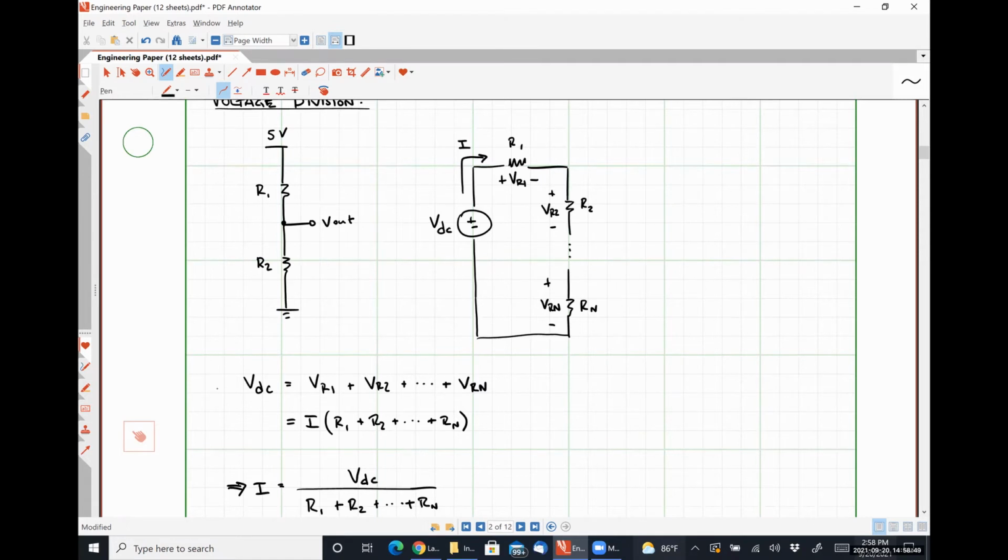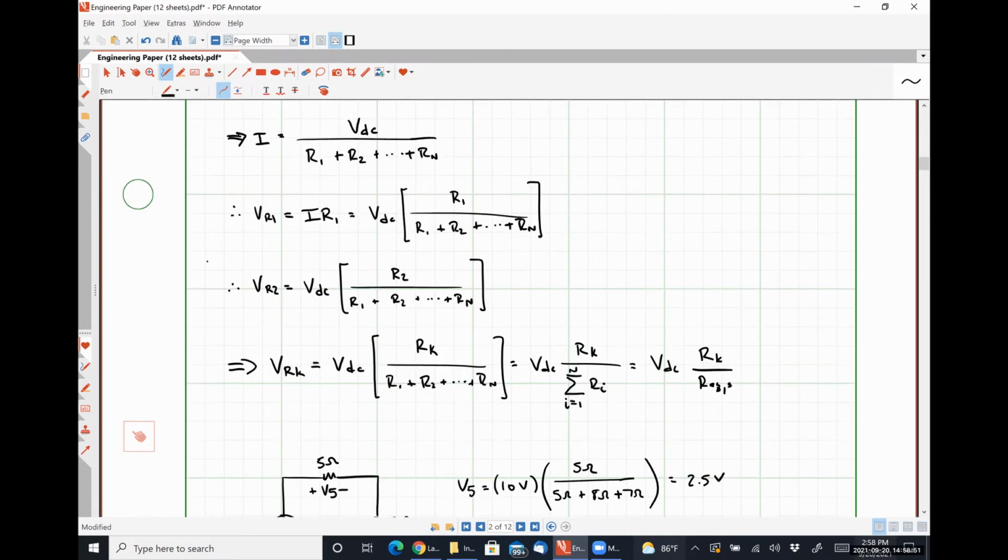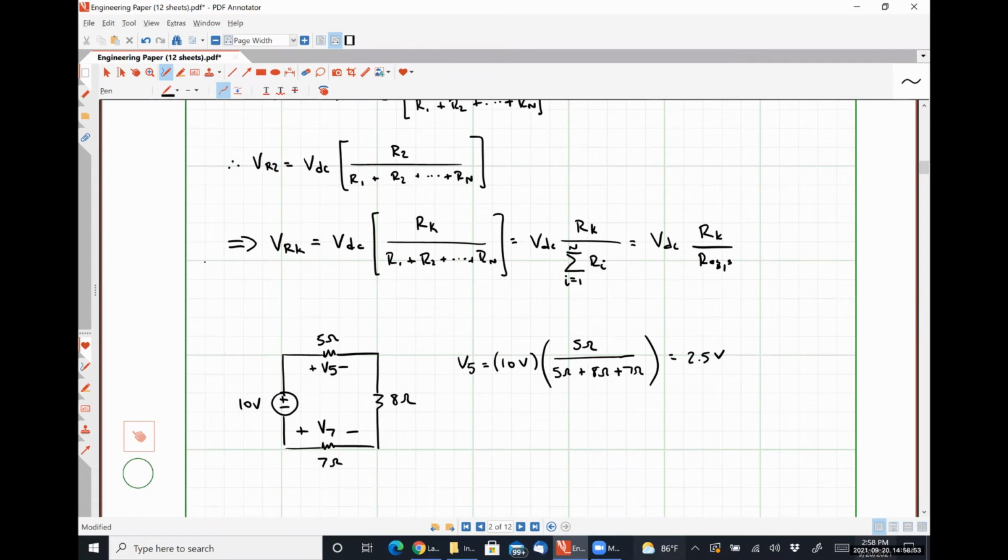In the example that I'm giving you now, my resistor voltage V7 has the same polarity as my source voltage. How do you guys think that's going to affect my value? It just means that your V7 should be negative. That's exactly correct. Whatever value I get using voltage division, I should just change the sign on it because it's negative.